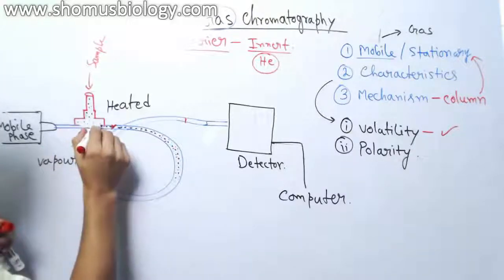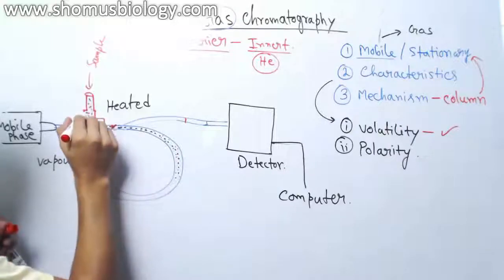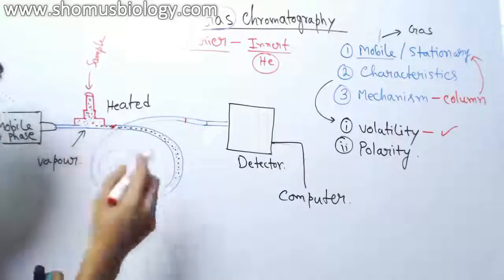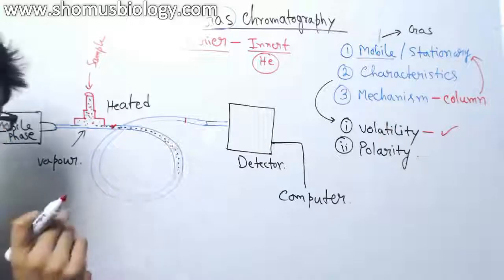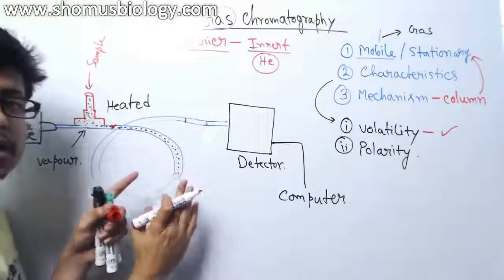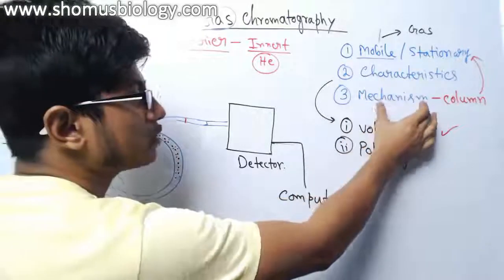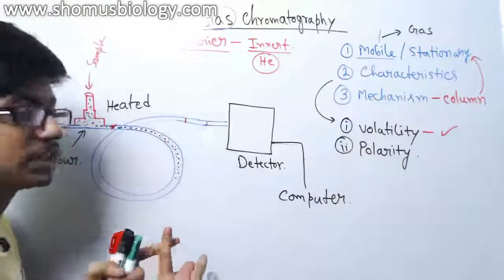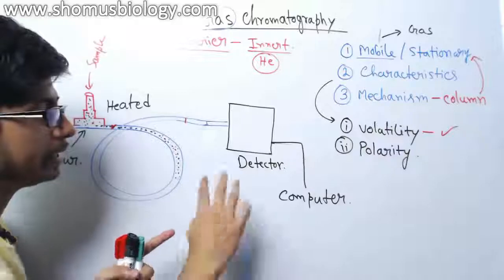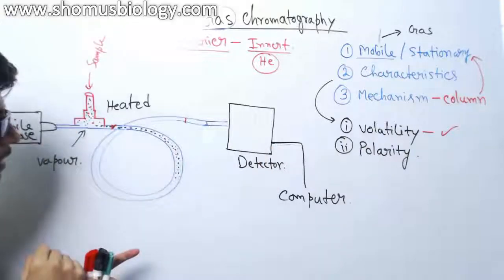Once they're injected, they are transported through this stationary phase. They will interact with the stationary phase, and this interaction is the actual mechanism that will help them to be separated, so that ultimately they can be detected by the detector.